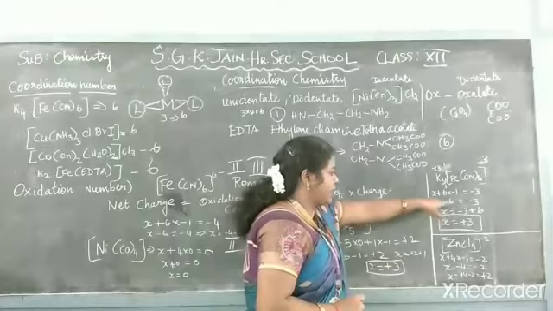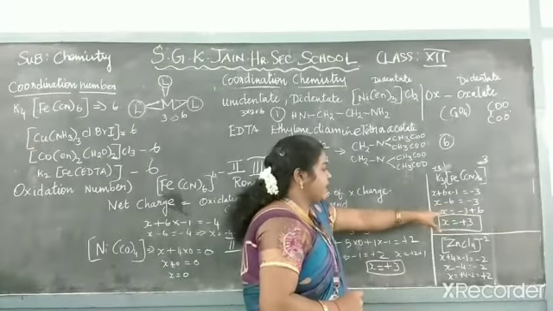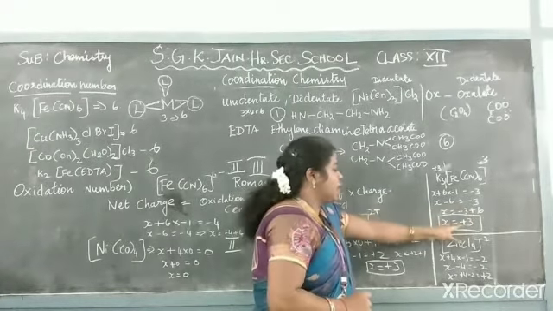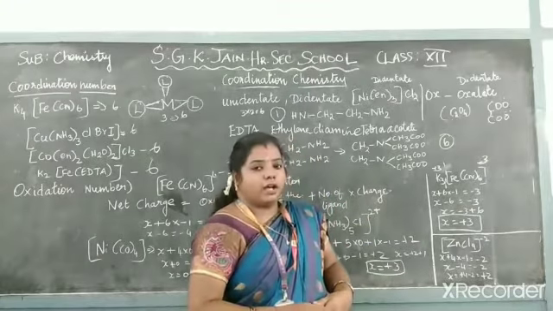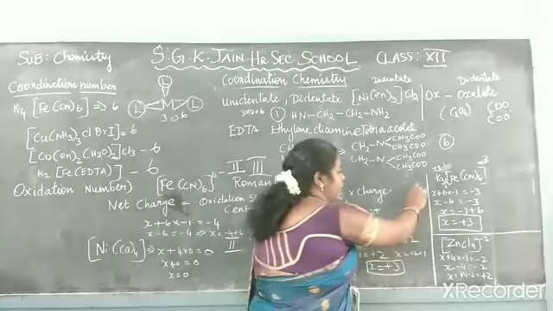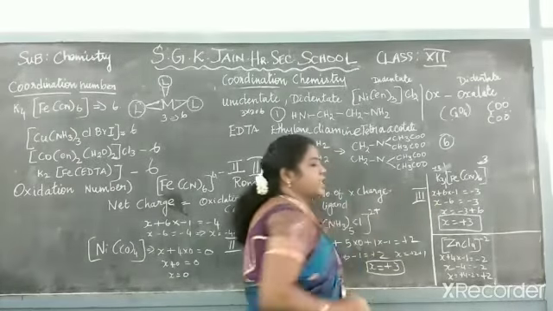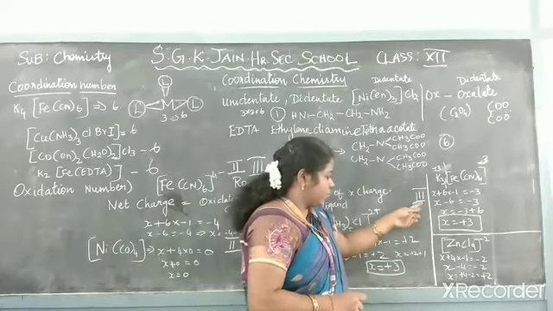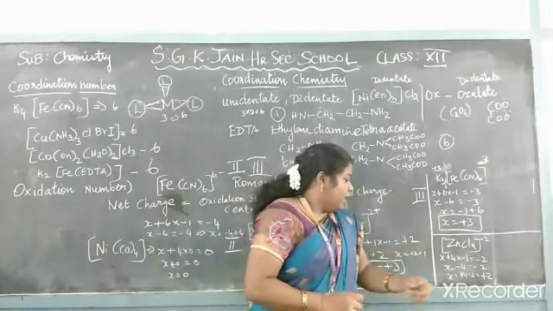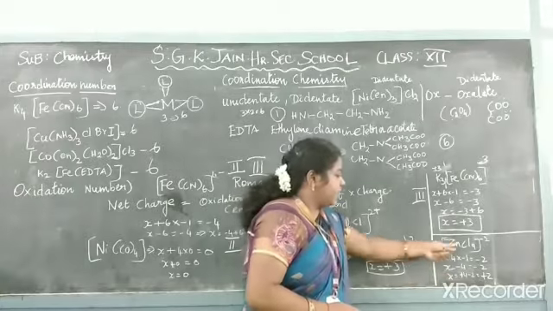So X minus 6 equals minus 3. X equals minus 3 plus 6. So X equals plus 3. What is the oxidation number of Fe in this compound? It will be plus 3. In the IUPAC name you have to write it in Roman numerals.